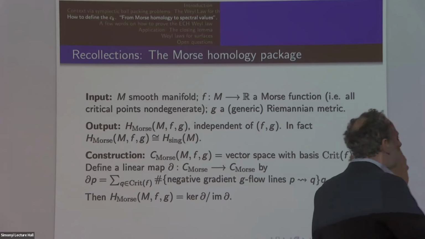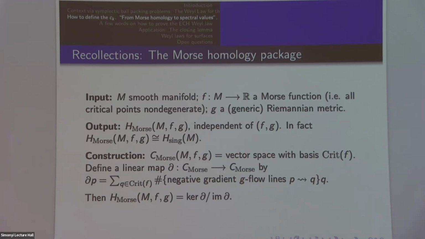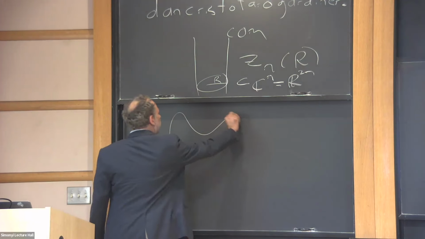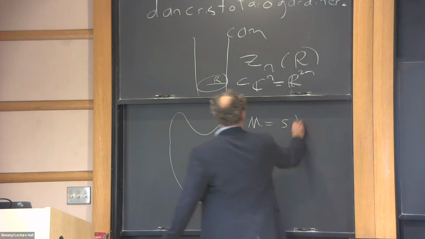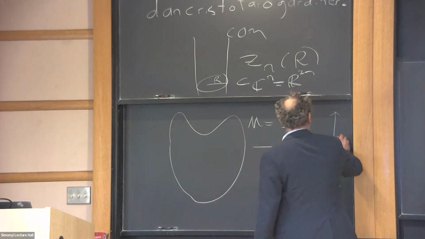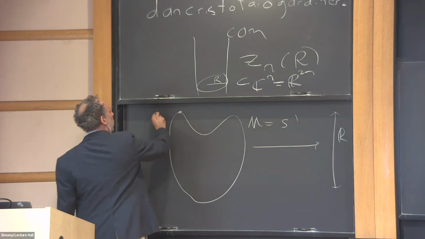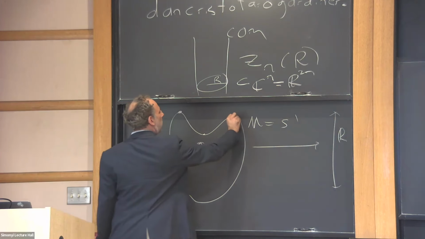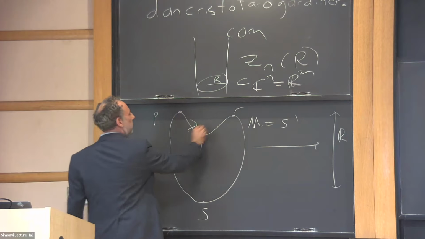Even just to draw for you some kind of example, a nice example to work through is just a circle. So here M is S1. I look at its height function. There are 4 critical points. Let's call them P, Q, R, and S. Then the flow lines look like this.